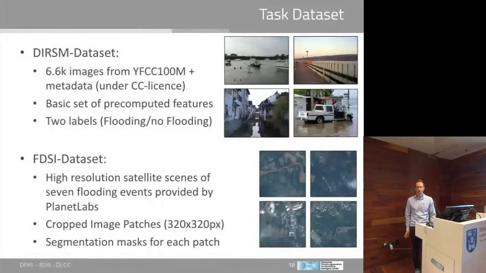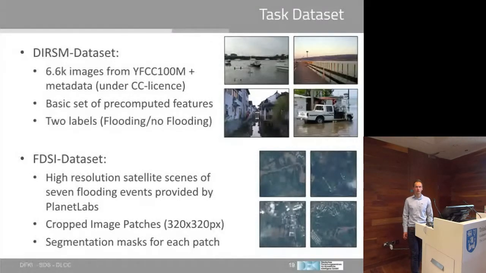In total, we have a dataset of about 6,000 images taken from Flickr. These images come with pre-computed features and metadata containing text, location information, and 2 labels showing evidence of a flooding or no evidence of flooding.